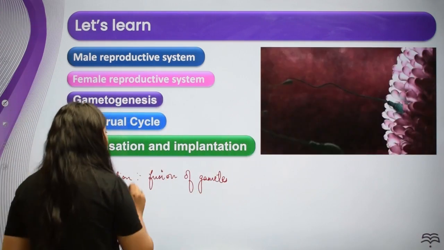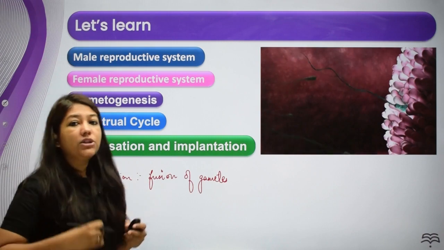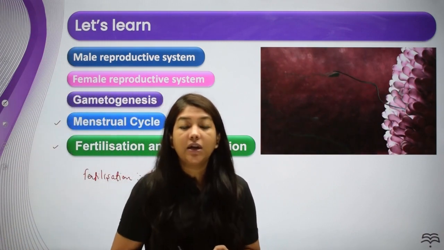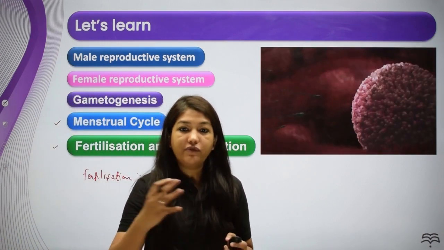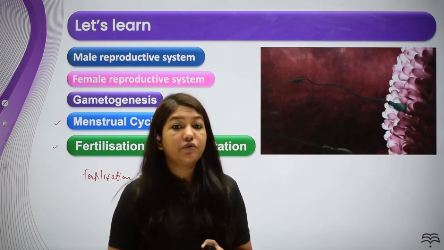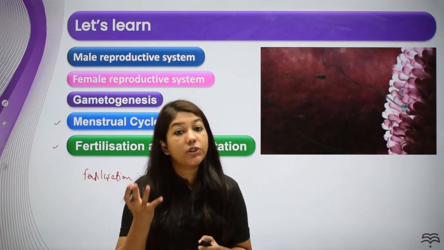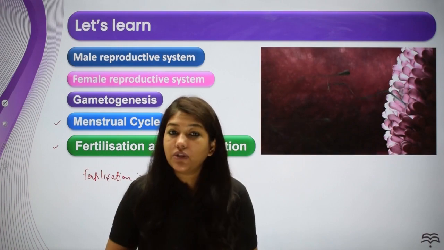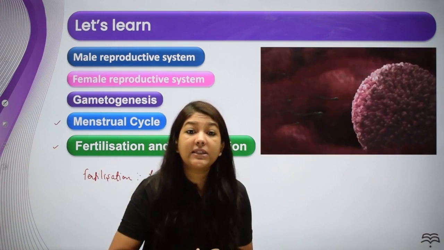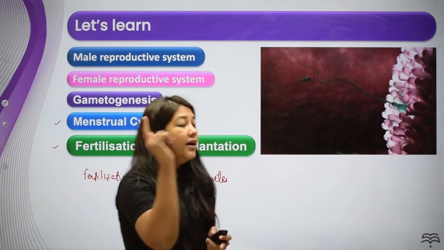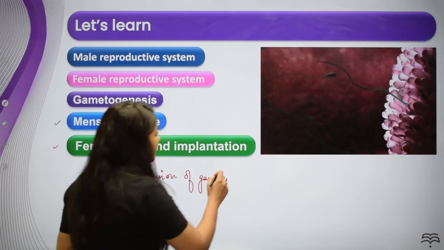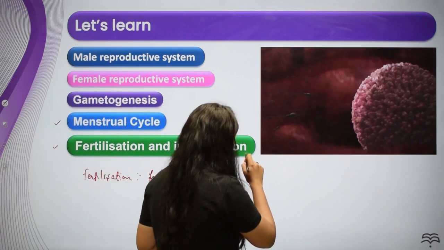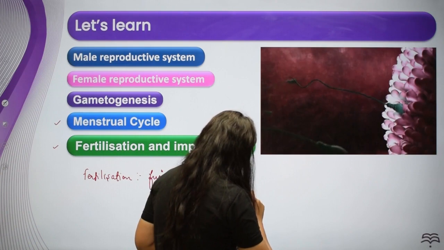So this process here is what? Fertilization. What is implantation? Once the process of fertilization is done, cell division happens and a structure is formed which is called blastocyst. That blastocyst is going to embed itself in the uterine wall, and that is nothing but implantation. So here I am going to write the definition of implantation.